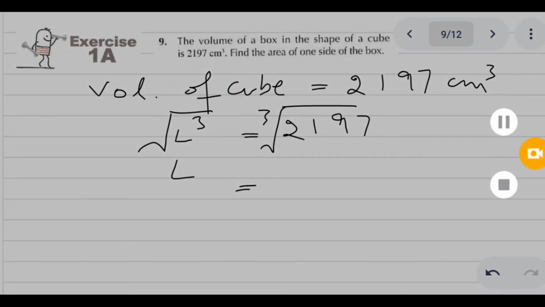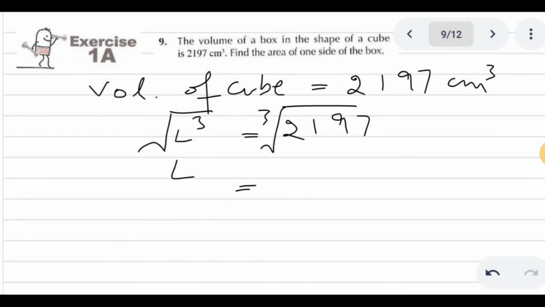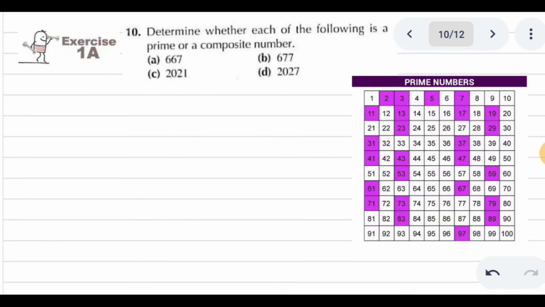The cube root of this number is 13, and now we have to find the area, so it means we have to find the square of this number, that will be 13 into 13, that is 169.